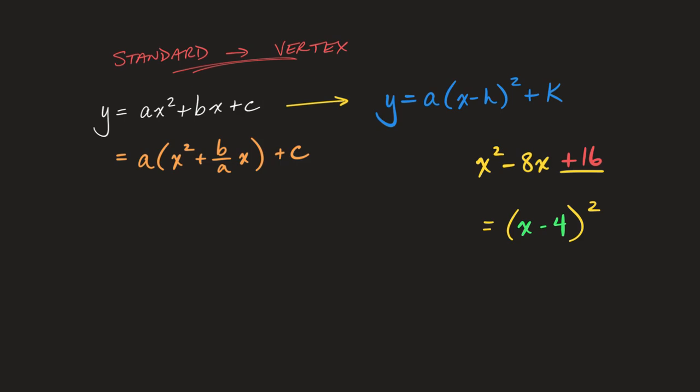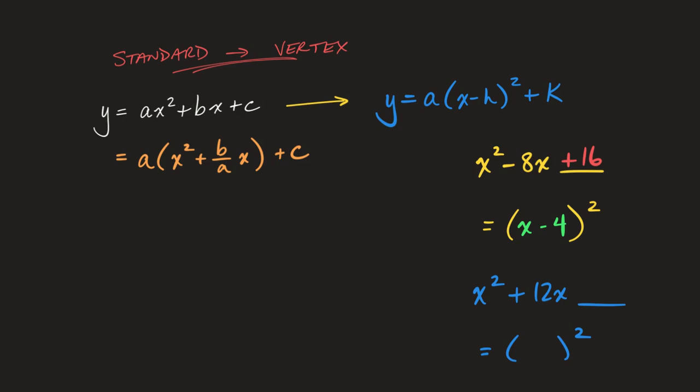Okay, let's try another one. What if I gave you x² + 12x? What value could you plug in on the end that would allow you to have a perfect square? Again, I want you to take a moment and try to see if you could come up with that value.